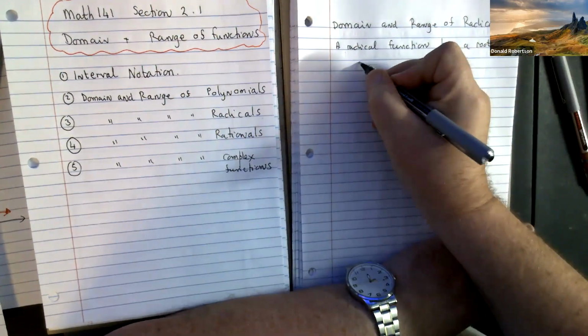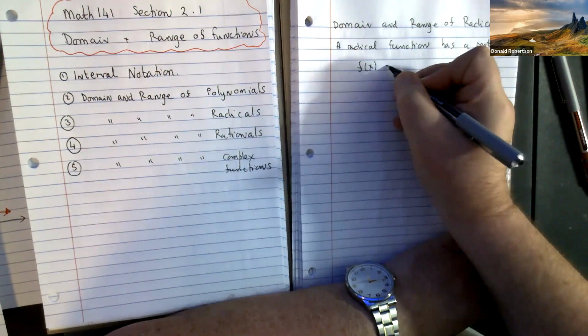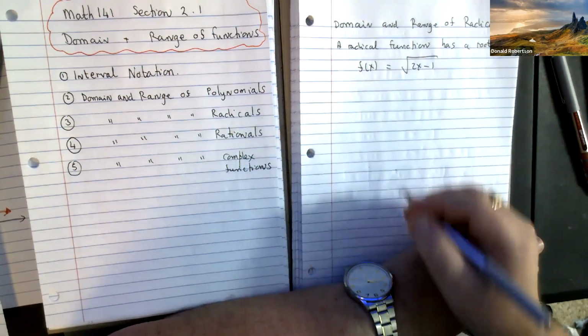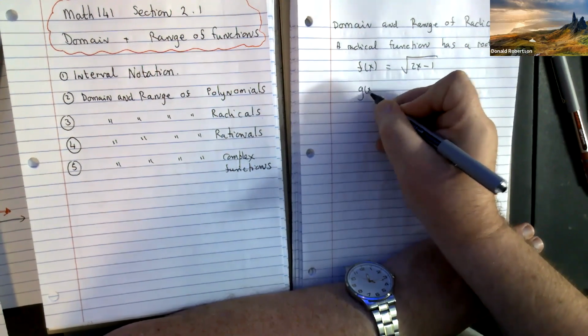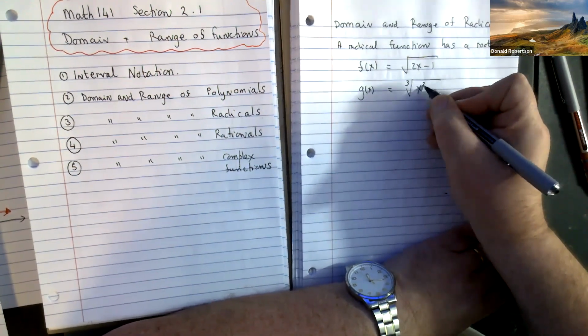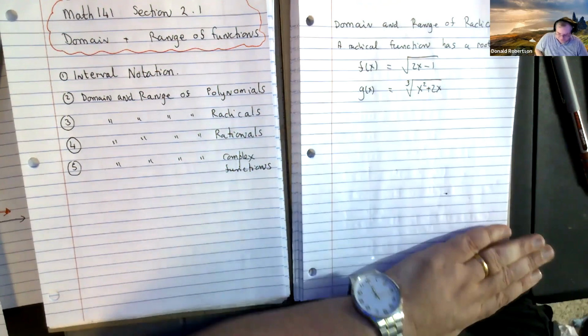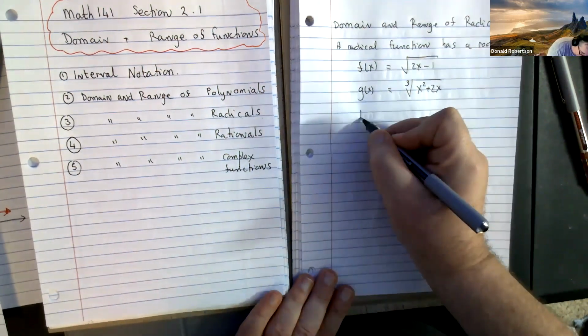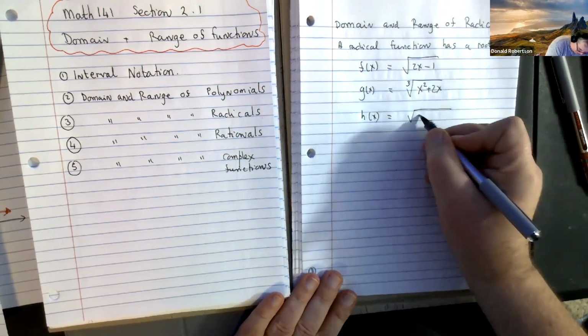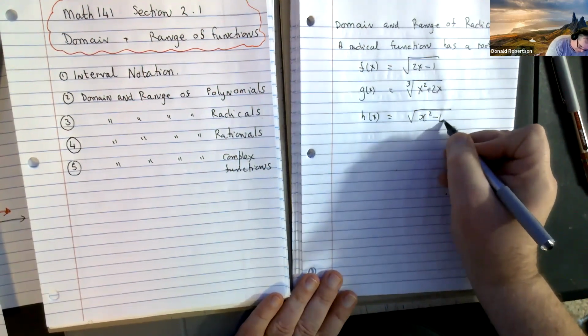So examples of radical functions: square root of 2x take away 1. Cube root of x squared plus 2x. Well, so I'll do another square root: square root of x squared take away 4.